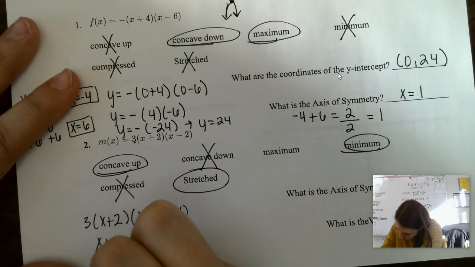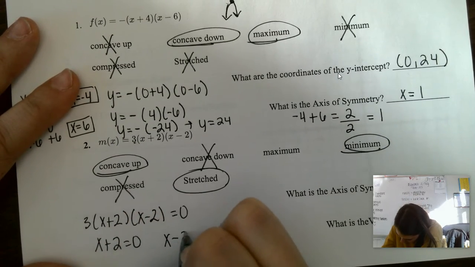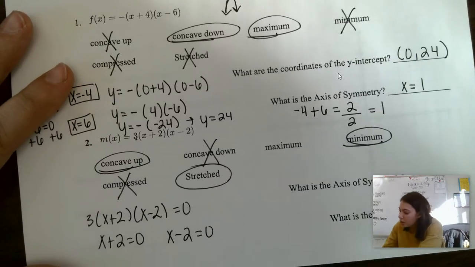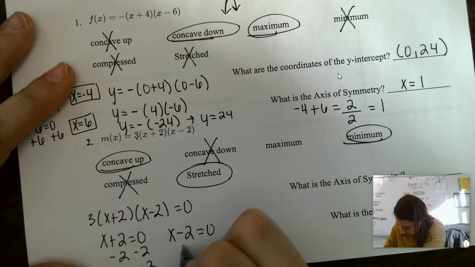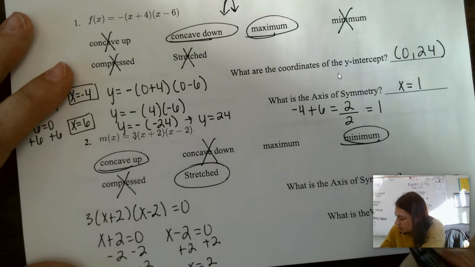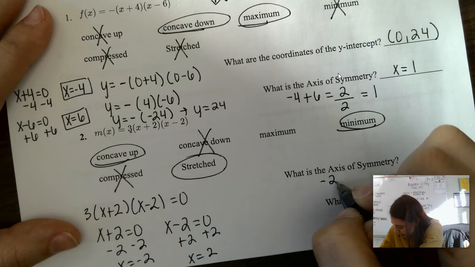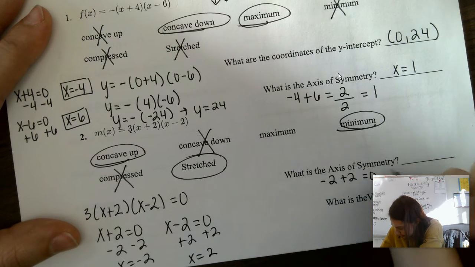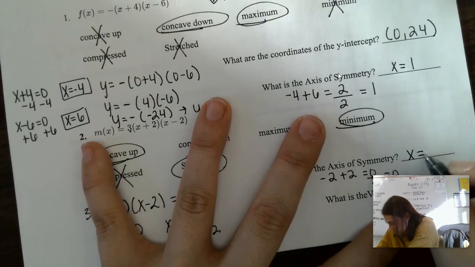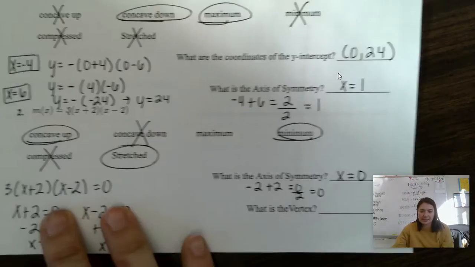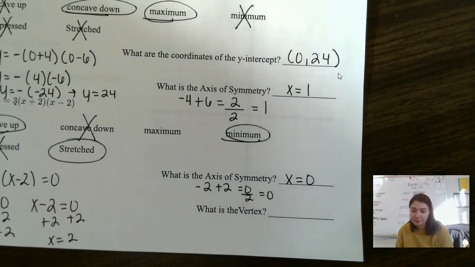So x plus 2 is equal to 0. x minus 2 is equal to 0. We can subtract 2 from both sides. You get that x is equal to -2. Add 2 to both sides. You get that x is equal to +2. When you take -2 and you add 2, you get 0. 0 divided by 2 is still just 0. So our axis of symmetry is right through the origin where x is equal to 0.